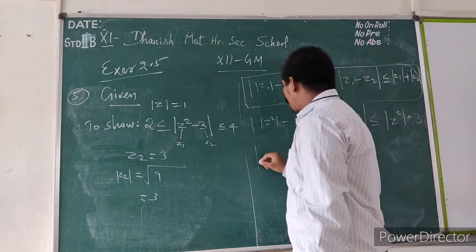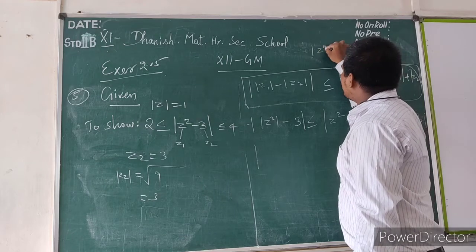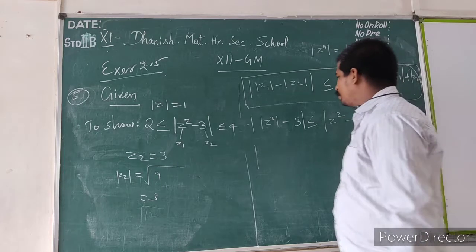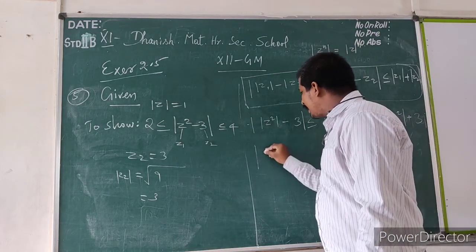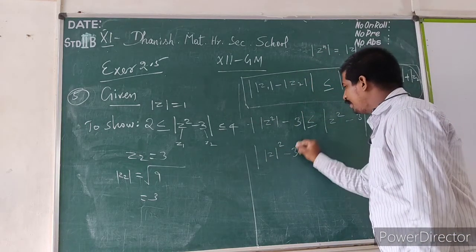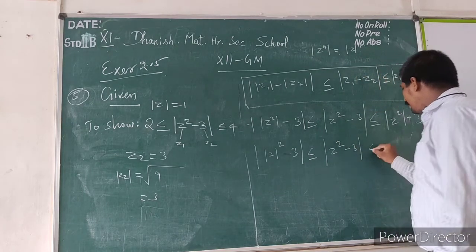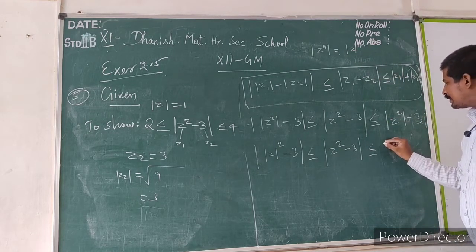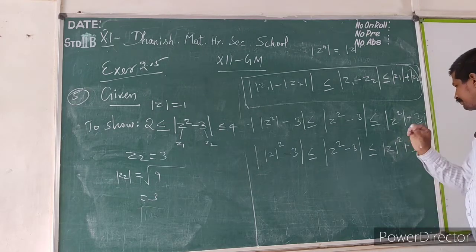The next step would be, here I am going to use the identity modulus z power n equal to modulus z whole power n. So by using this property I am going to write modulus z square as modulus z whole square minus 3 less than or equal to modulus z square minus 3 less than or equal to, here also I am going to use this property, modulus z whole square plus 3.